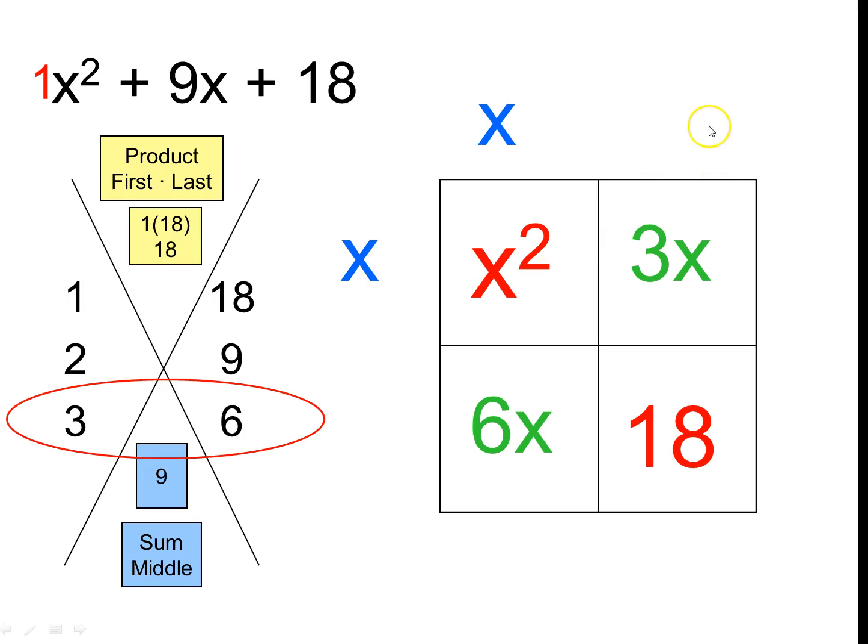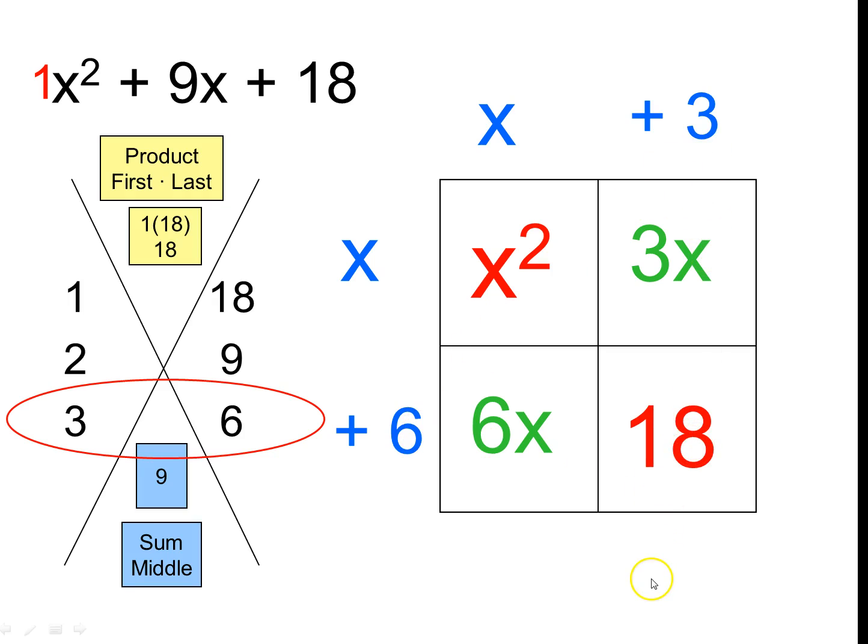I need something times x is 3x. Well, that's 3, isn't it? Isn't 3 times x 3x? Good. All right, I need something times x is 6x. That's 6. And if I did all my work right, 3 times 6 is 18.